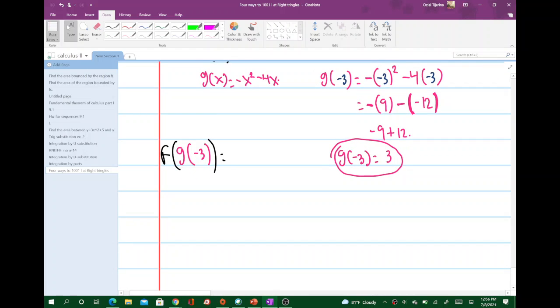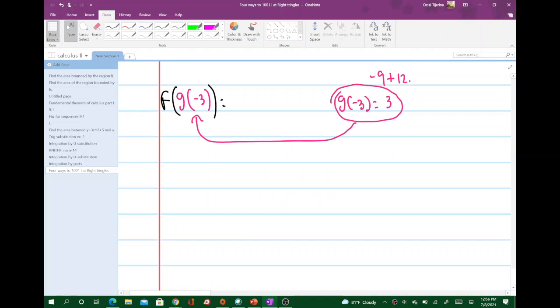And what you're going to do is put 3 in for g of negative 3, because we said that g of negative 3 is equal to 3. So you're going to say f of, and g of negative 3 is 3, so you're going to say f of 3.